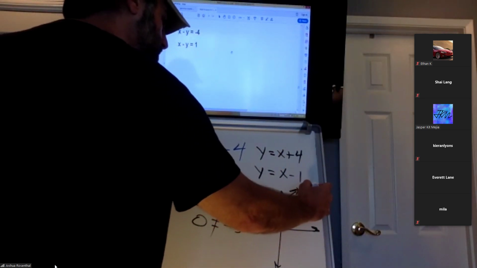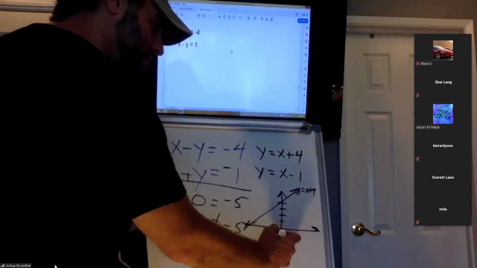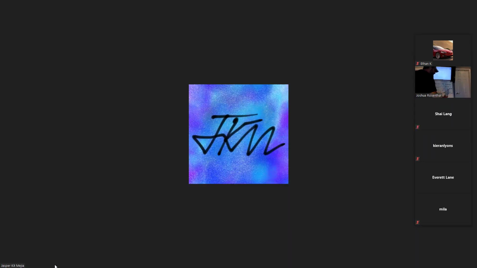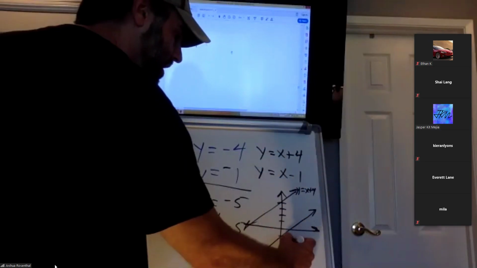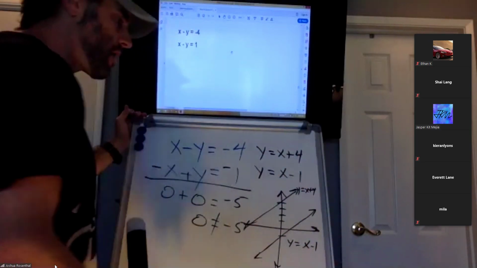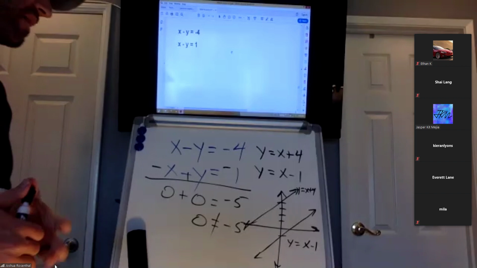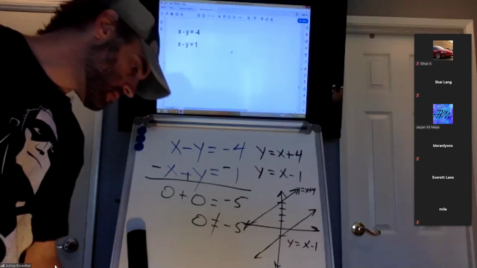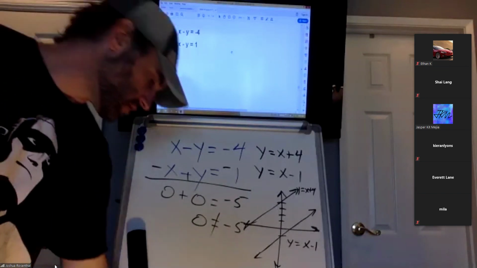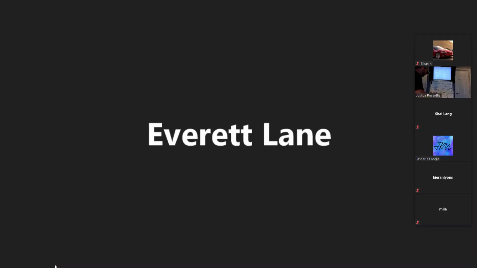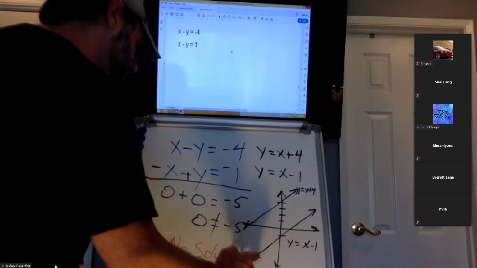That's y equals x plus 4. And the other line crossing here is doing that. That's y equals x minus 1. And they're parallel and they never touch. No solutions would be your answer. Question?